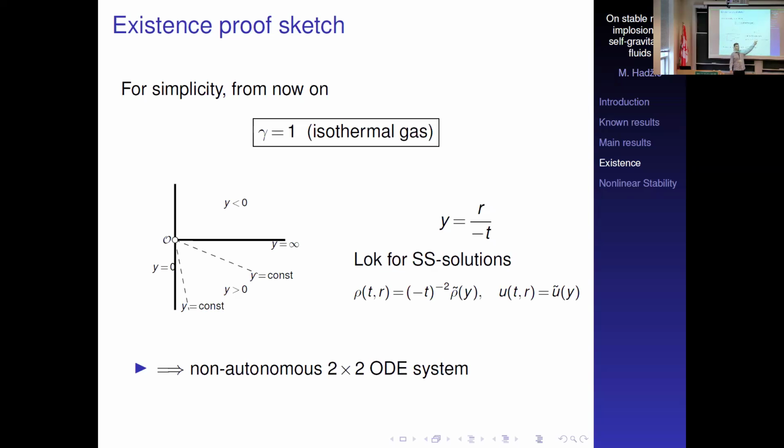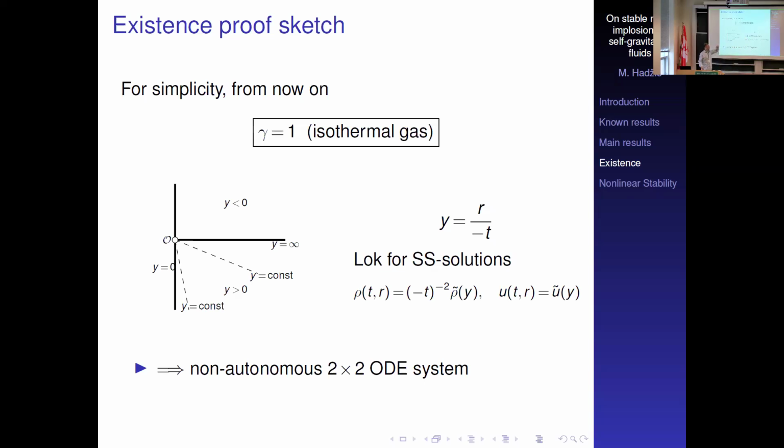If you are able to find rho tilde and u tilde, which are now functions of this self-similar variable that are smooth or regular, then you have blow up of the original density, because if you start at time -1 and you reach time 0, something is blowing up. That's the idea. What does this self-similar variable actually mean?